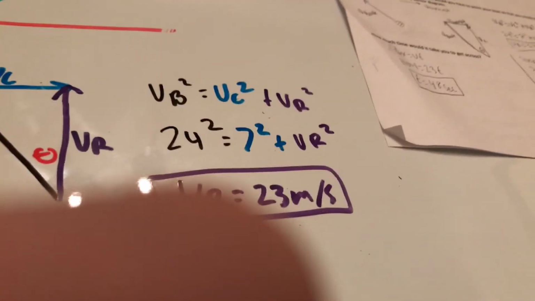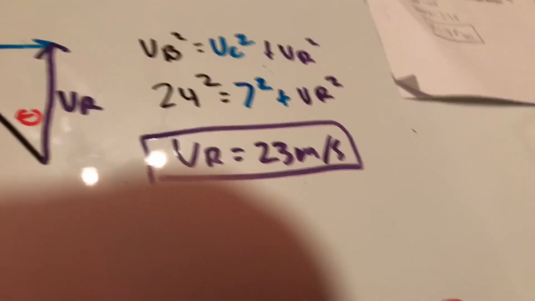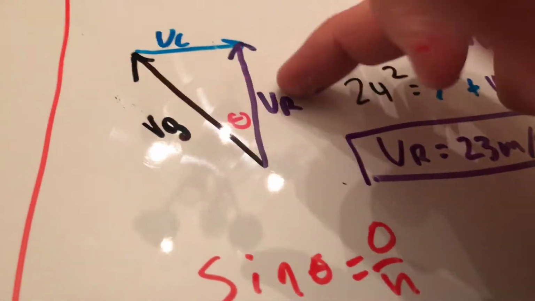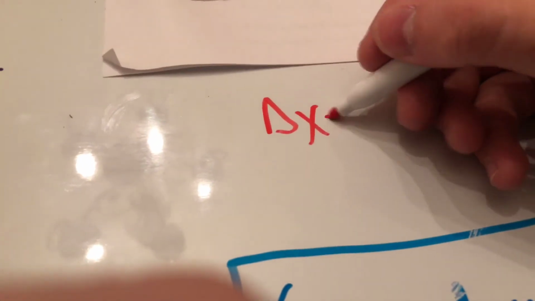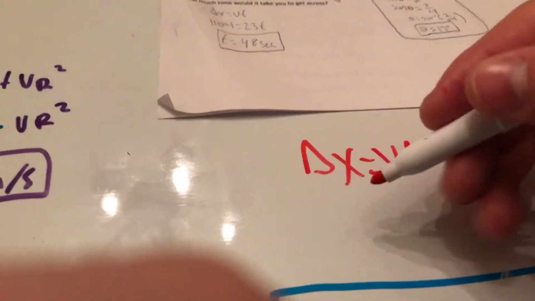The last question is, how much time would it take you to get across? Using this VR from here, it's just like the other problem. Change in x is equal to VT.